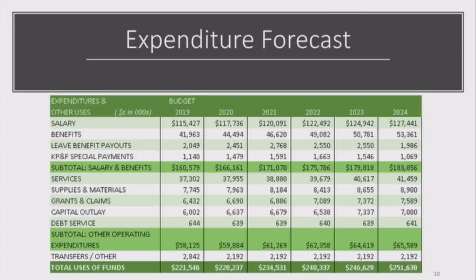The other thing also included in here is an annual 7% increase in healthcare costs, healthcare claims. We are self-insured. 7% is a moderate increase. It doesn't reflect any huge claims, but it's an average over many years.